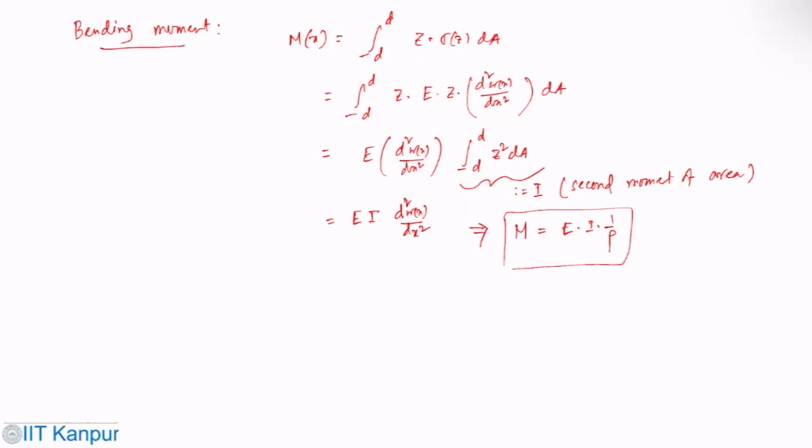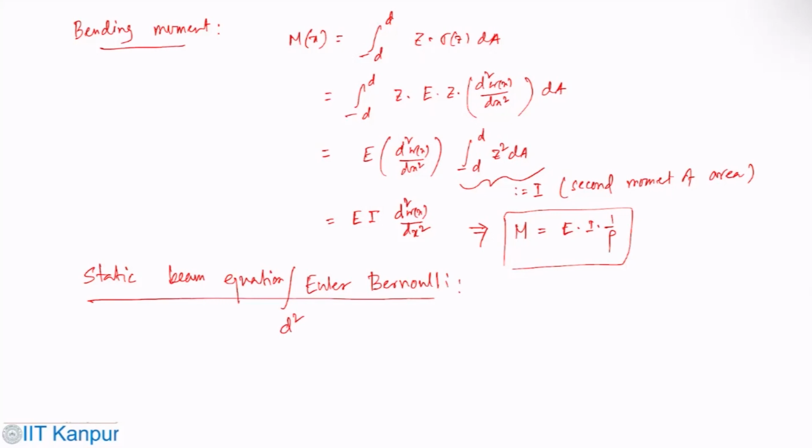Now what we write is the static beam equation, or Euler-Bernoulli: d2 by dx2 of EIx d2 Wx by dx2 equals qx.